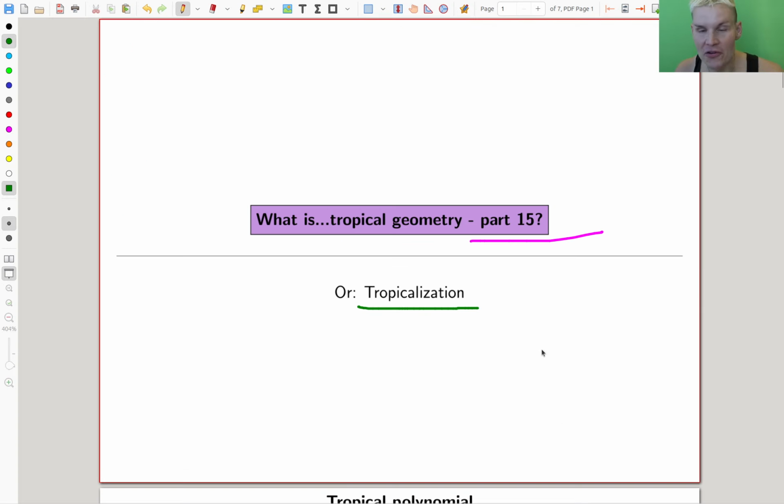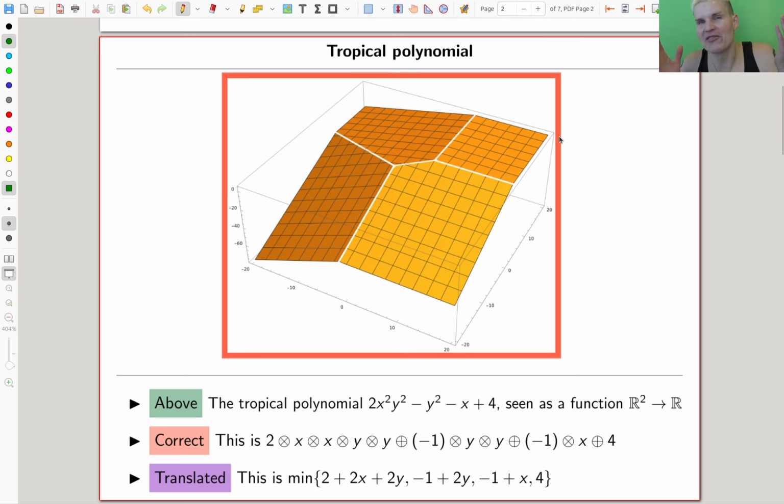So it's actually good to introduce it formally. Again, tropical geometry is a slightly strange name. Okay, so is tropicalization. The tropical polynomial is that thing. Remember, it's this min of things, which is this piecewise linear function, right? I'm talking about the function right now, not necessarily the variety. So the function itself.